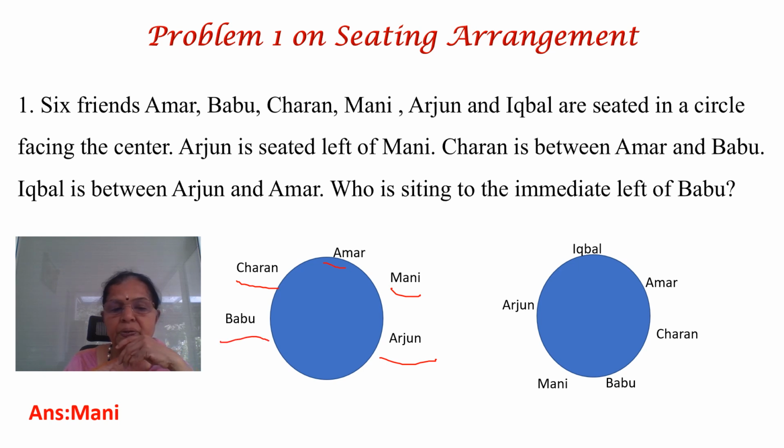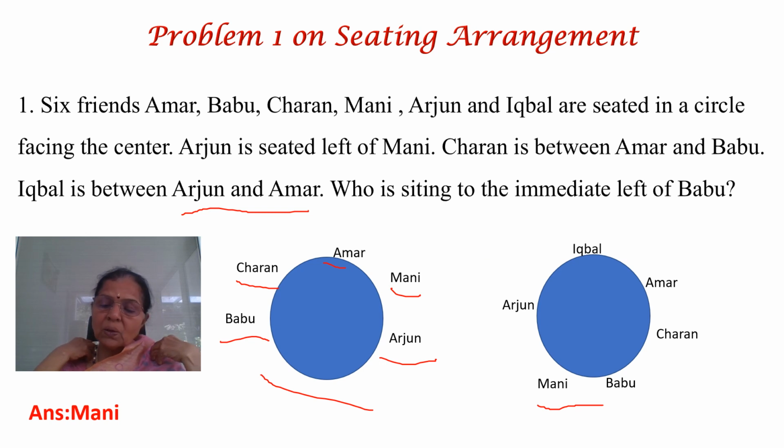And then I looked into the third statement, which says Iqbal is between Arjun and Amar. See, Amar is here and Arjun is here. How can Iqbal come here? Already Mani is sitting quite comfortably between Amar and Arjun. Iqbal cannot come here.